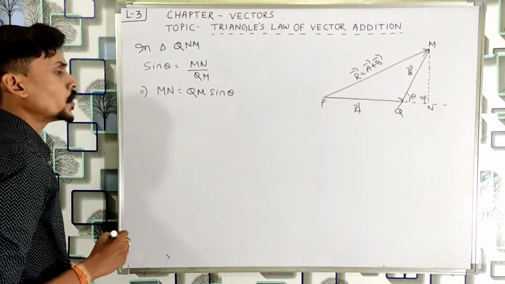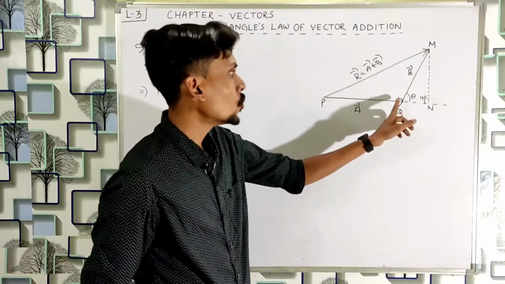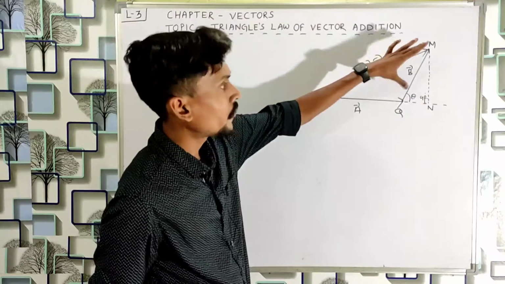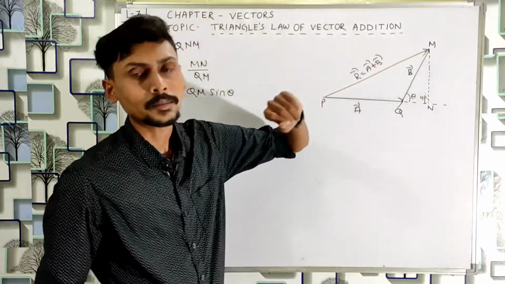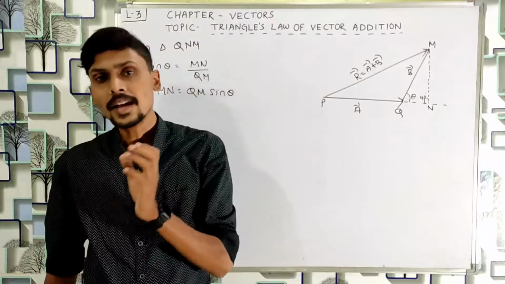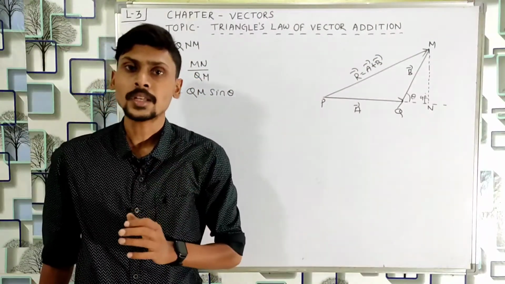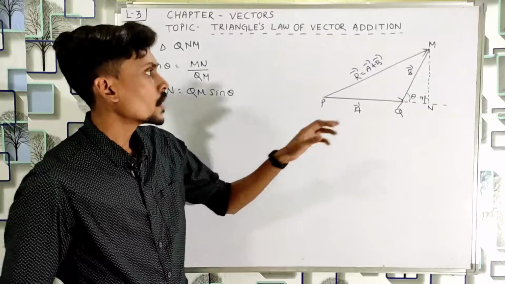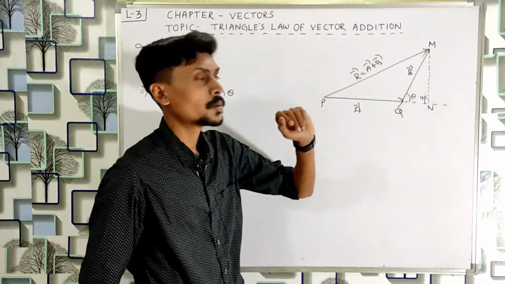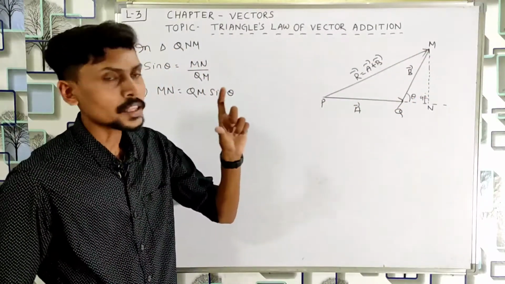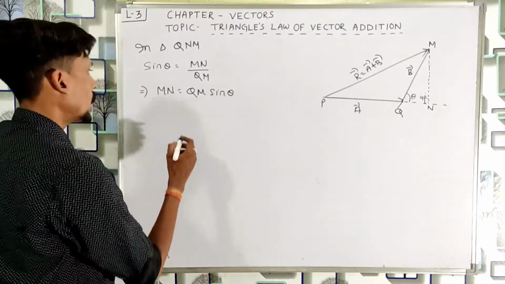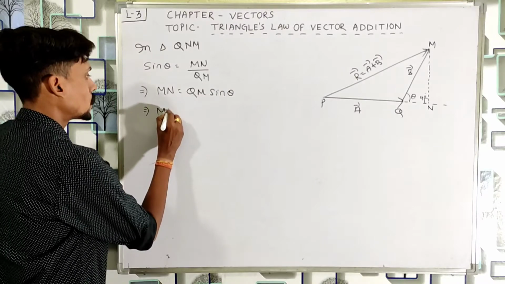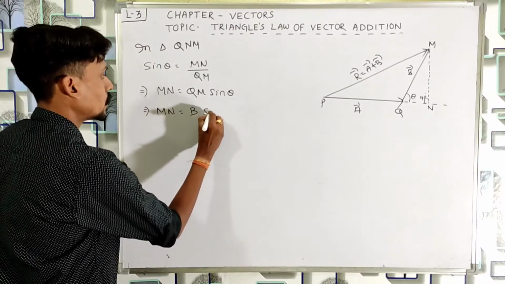Mn is equal to Qm sine theta. So Qm means the length of this vector, and we know that the length of the vector represents its magnitude. So if Qm represents vector B, then the length of Qm will be the magnitude of B. So I will write Mn is equal to B sine theta.